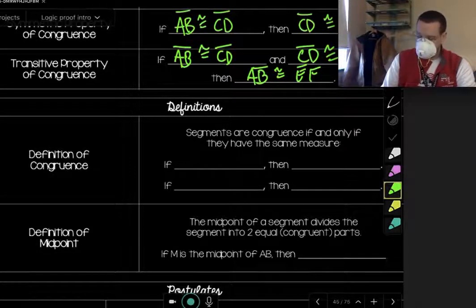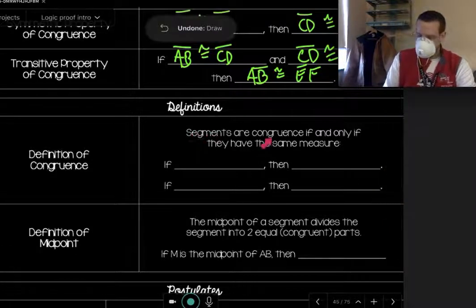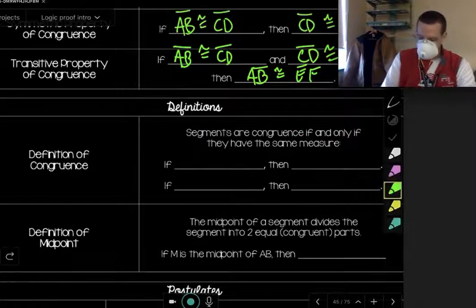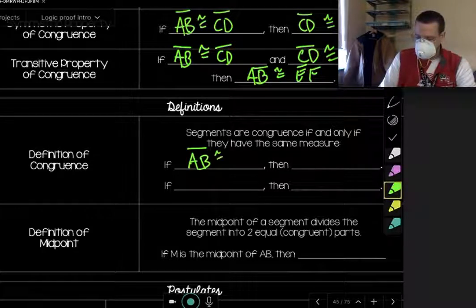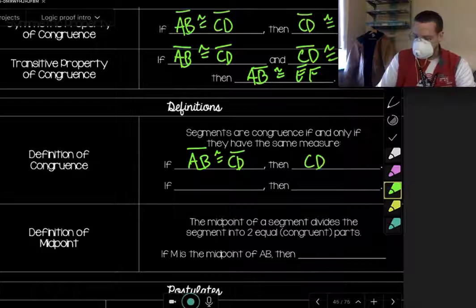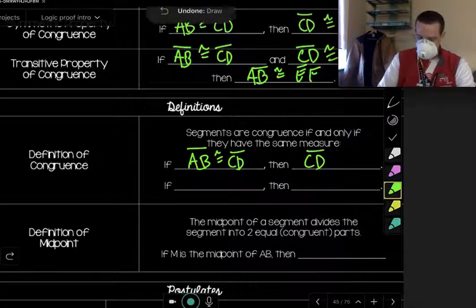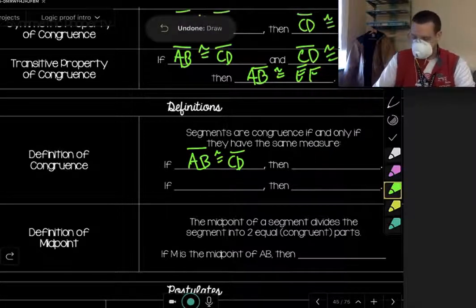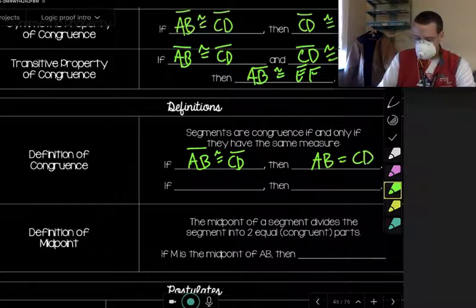Segments are congruent if and only if they have the same measure. So conditionally, if AB is congruent to CD, then AB is equal to CD. So the measures are the same, right?